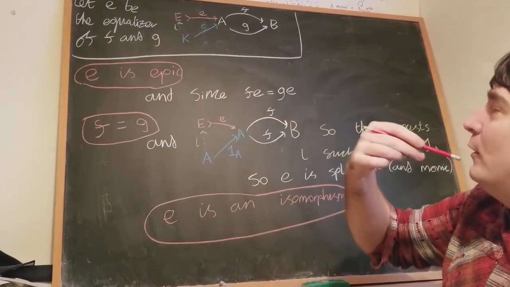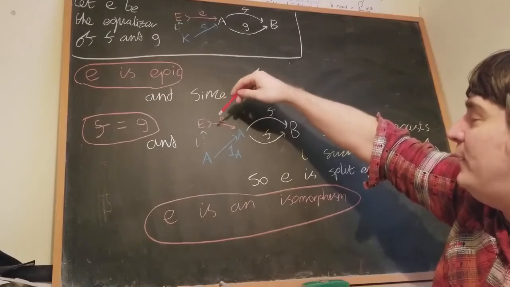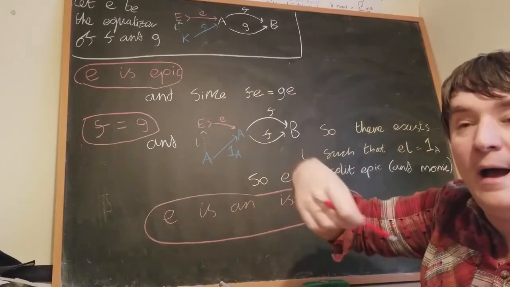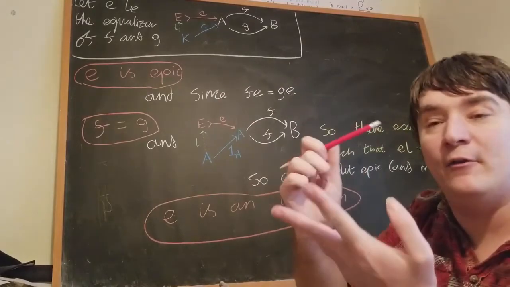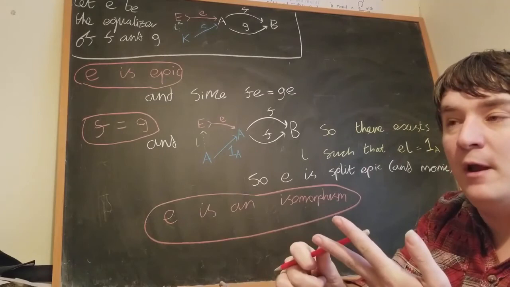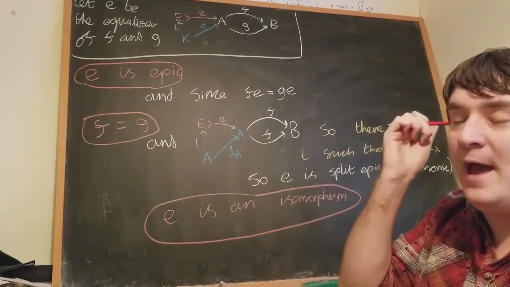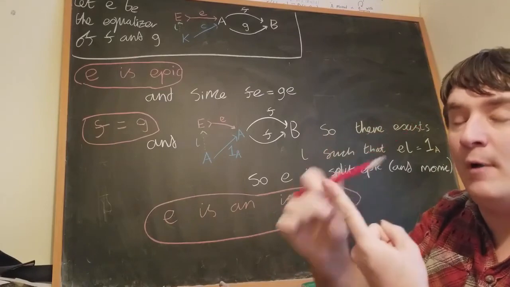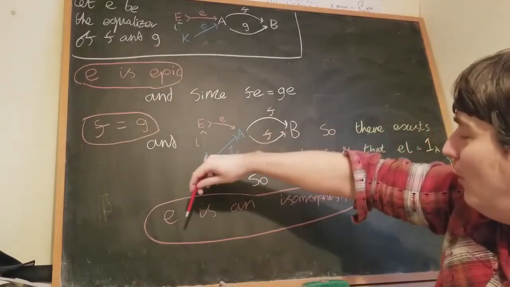Now, we also know, as we've already proved, since E is an equalizer, that E is monic. So we know that E is monic and split epic. And another result which we've proved in the video on special arrows is that if an arrow is monic and split epic, then it is an isomorphism.